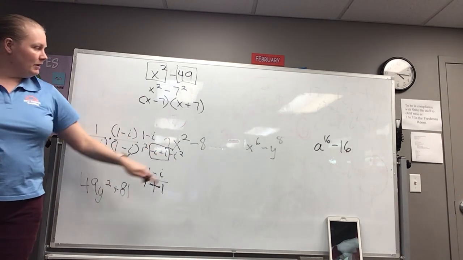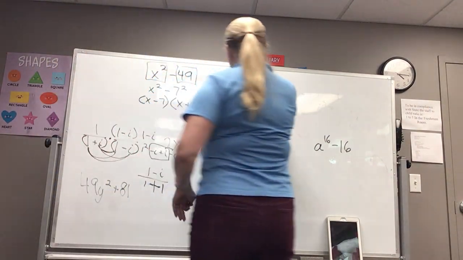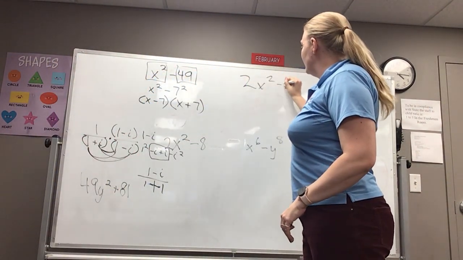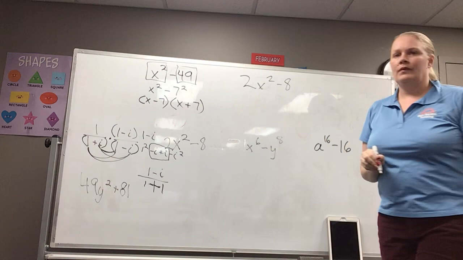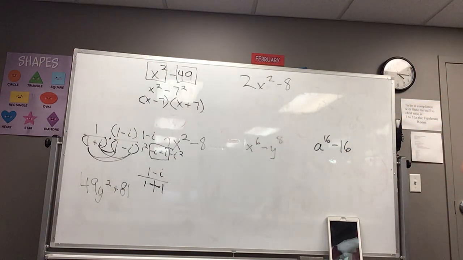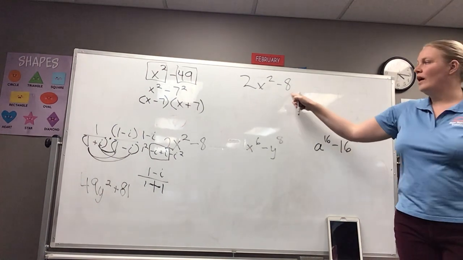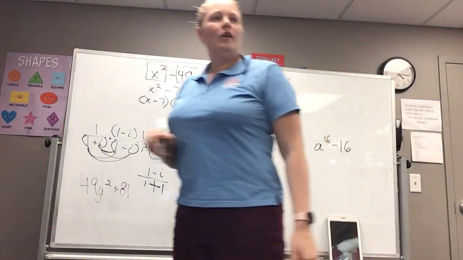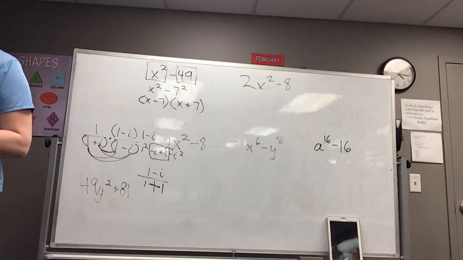And where that comes into play, I'm going to copy this problem up a little bit higher. We have 2x squared minus 8. First thing with factoring is to always take out the greatest common factor, to always remove the number they have in common. So what is the common factor between our two terms? 2.